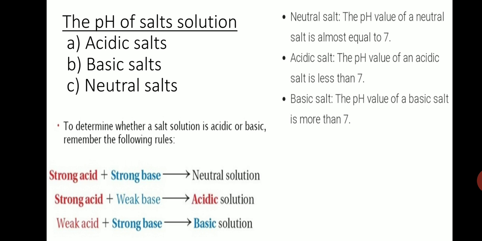So it shows a pH of 7. Then what about acidic salt? The pH value of an acidic salt is less than 7, that means below 7: 1, 2, 3, 4, 5, up to 6.9. What about basic salts? The pH value of basic salts is more than 7.